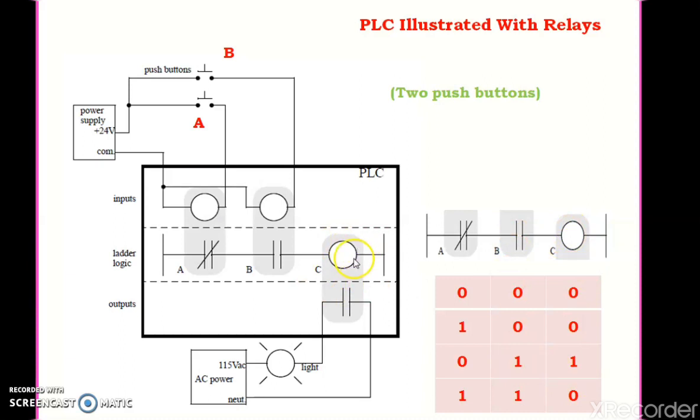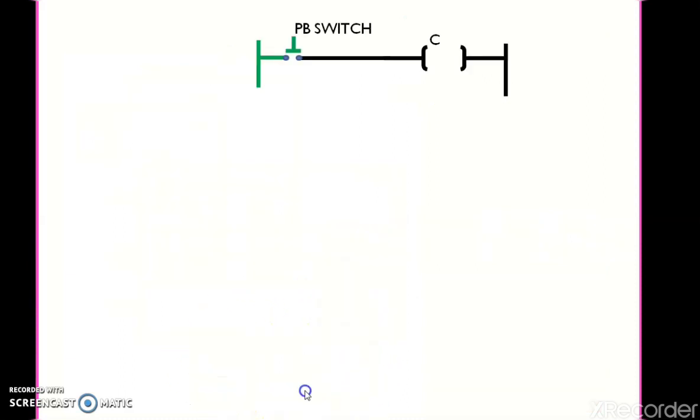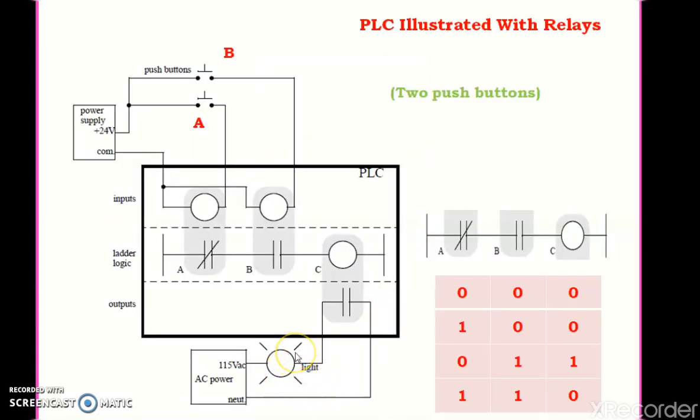This is the relay coil and it will start another circuit in which the light will be turned on. This way we are using the relays.